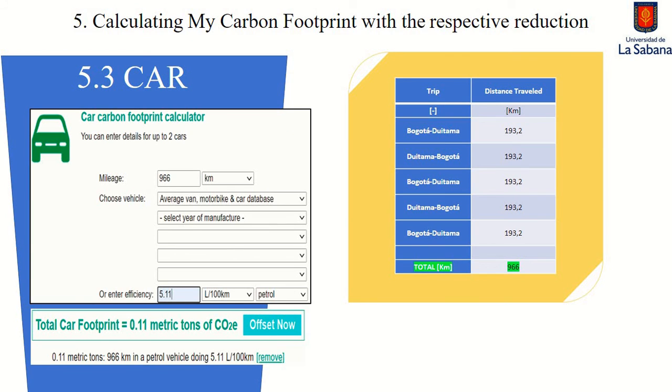In the section of car, according to section 4.5, there is a reduction in kilometers traveled by car. The new total of kilometers is 916.6 kilometers. Therefore, here is the data with the reduction, and the total car footprint is equal to 0.11 metric tons of CO2.